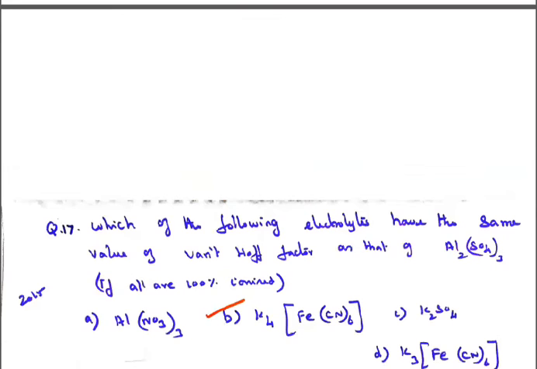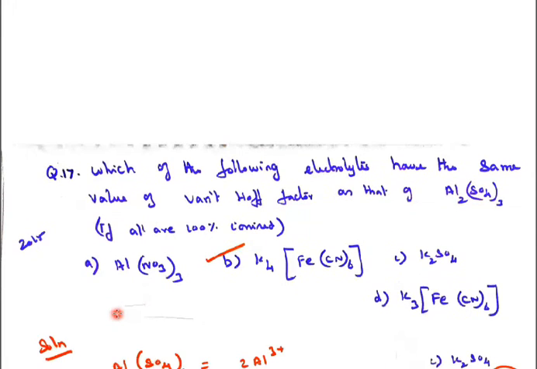Next, let us see the question asked in 2015: which of the following electrolytes has the same value of van't Hoff factor as that of aluminium sulfate, if all are 100% ionized? Aluminium valency is 3, sulfate valency is 2, so Al2(SO4)3. The options are Al(NO3)3, K4[Fe(CN)6], K2SO4, and K3[Fe(CN)6].